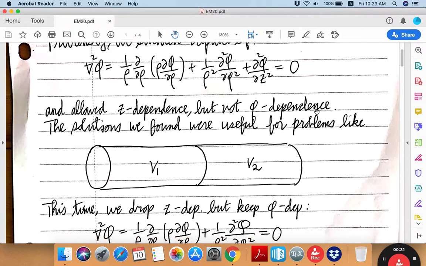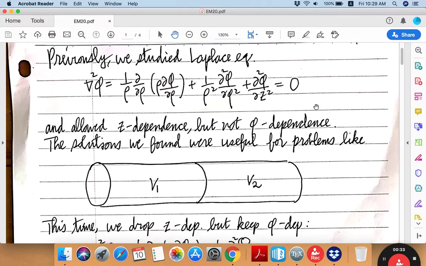And then we took the limit where we allowed the z dependence of the solution, but not the angle dependence.